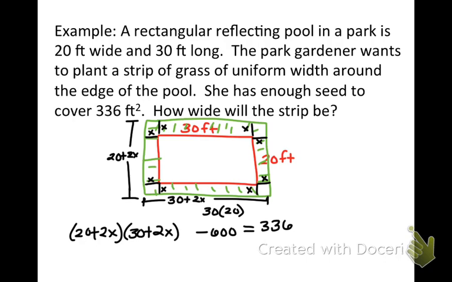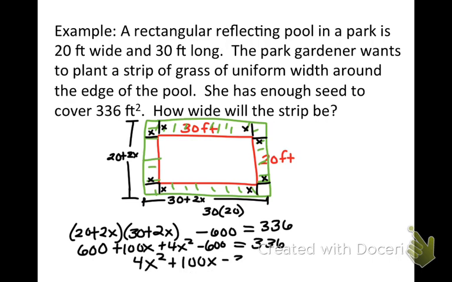What do we got? 20 times 30 is 600. 20 times 2x is 40x plus 60x would be 100x. 2x times 2x would get us 4x squared, minus 600. What happens to your 600s? They cancel. So now I get 4x squared plus 100x, moving that 336 over, makes it become a minus.